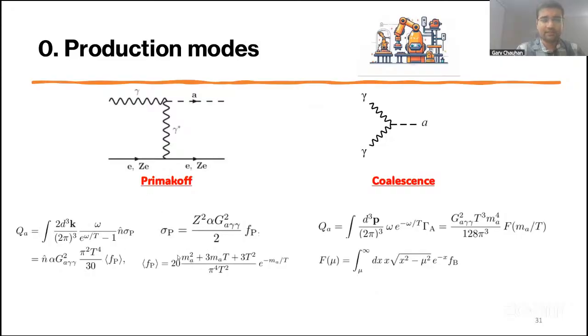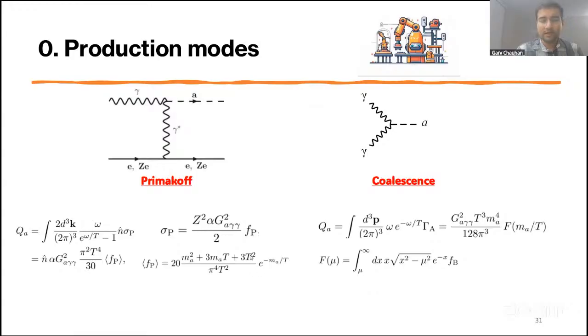What happens is, if you look at this energy loss rate, for example, it's directly proportional to this quantity F_p averaged. F_p average depends on this particular numerator. You can see that if the mass of the axion is lower than the temperature scale, then you basically have no dependence on the mass and it's controlled by the temperature.